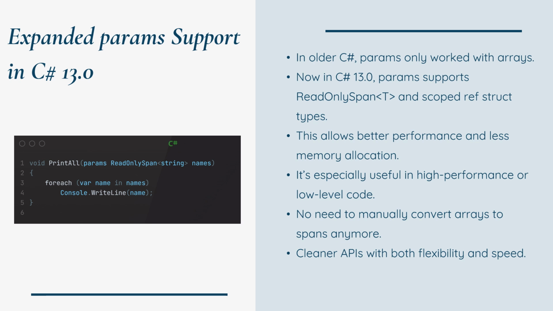If that sounds technical, here is what it really means. It allows us to pass a group of values into methods without creating extra memory, which means the performance is better, especially in situations where speed and efficiency matter, like in a game engine, real-time systems, or high-performance computing.